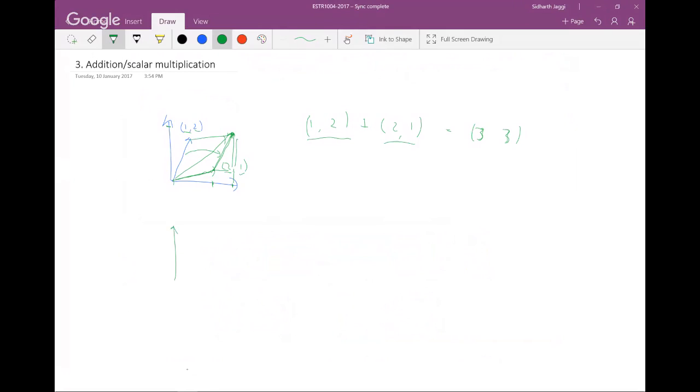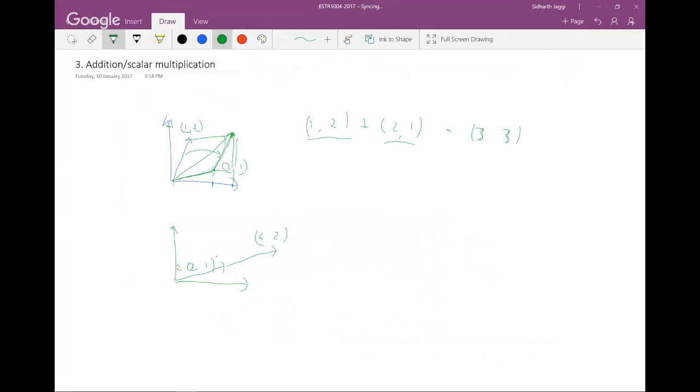The geometric meaning of scalar multiplication of a vector is, suppose someone gives me 2, comma 1, and says multiply this by 2. That's like saying make this vector twice as long. So I'll end up with the vector 4, comma 2, okay?